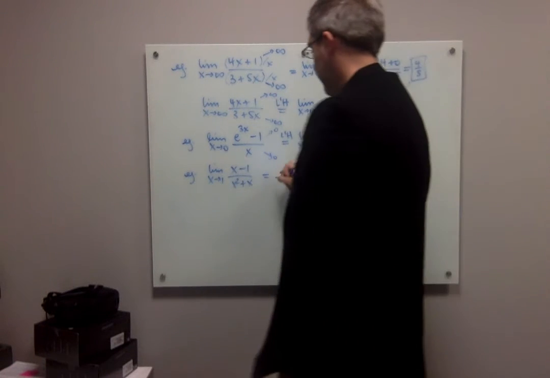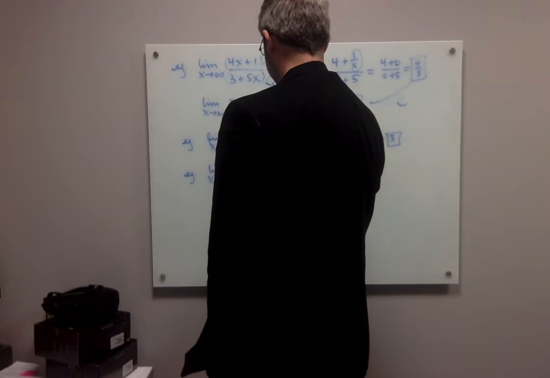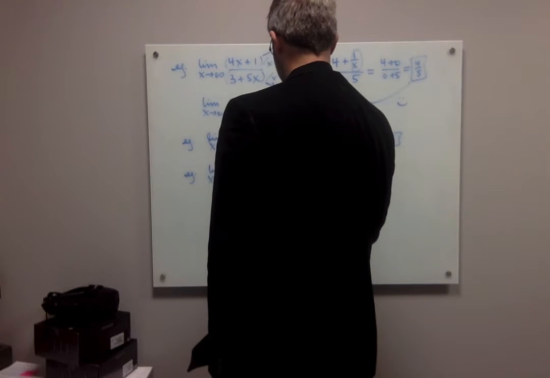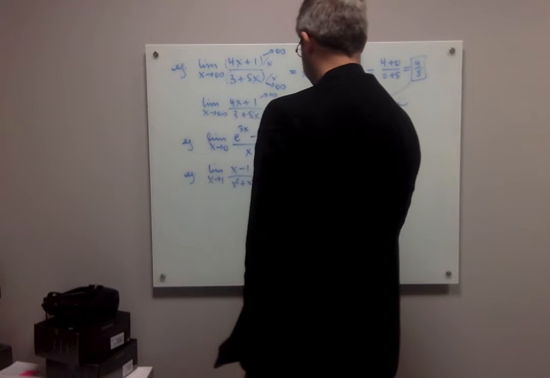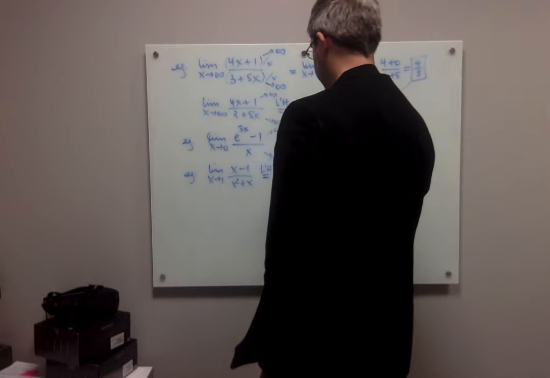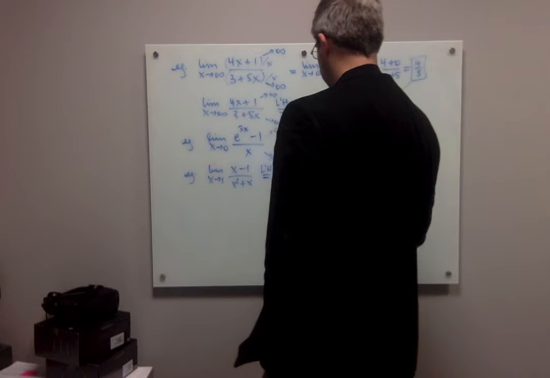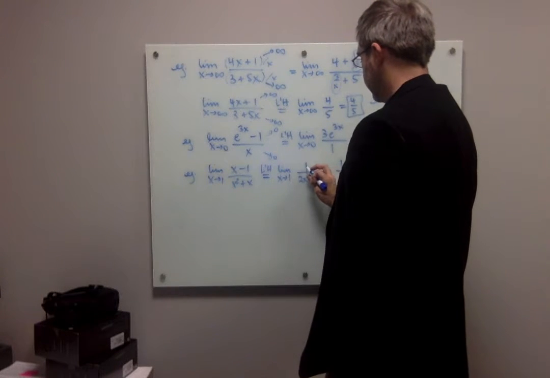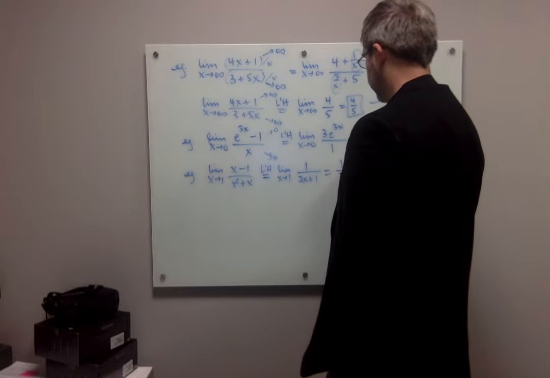And you say, well, the derivative of the top is 1, and the derivative of the bottom is 2x plus 1. And so when x goes to 1, the top is 1 and the bottom is 3. So the answer is 1/3.